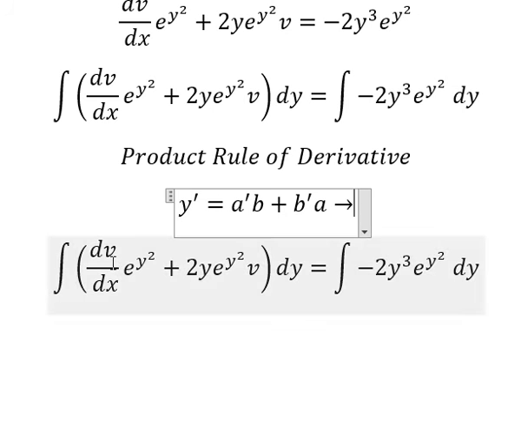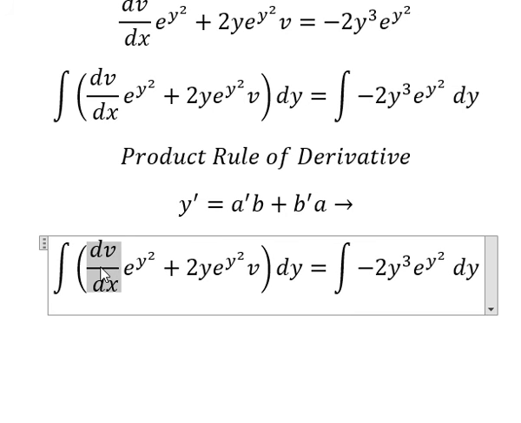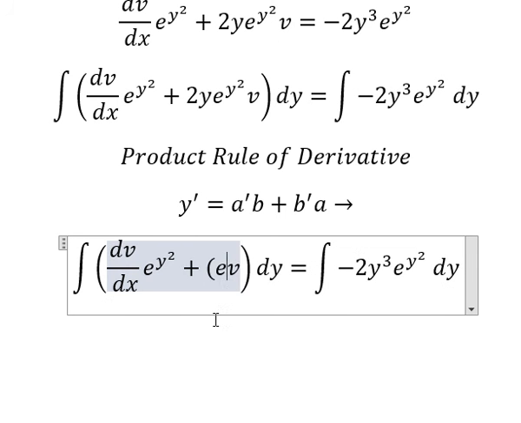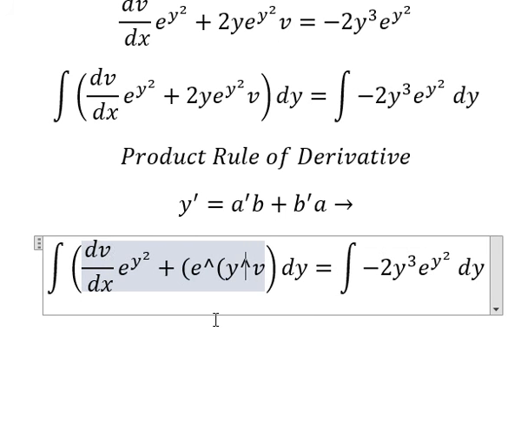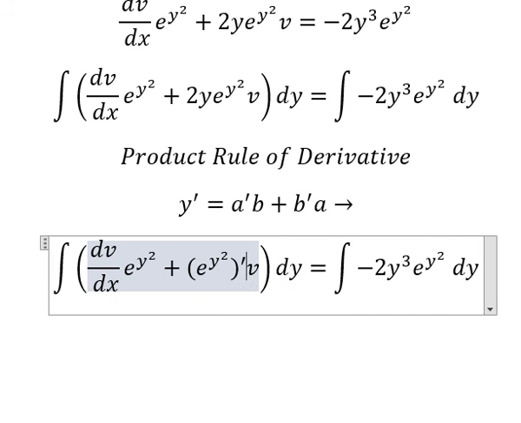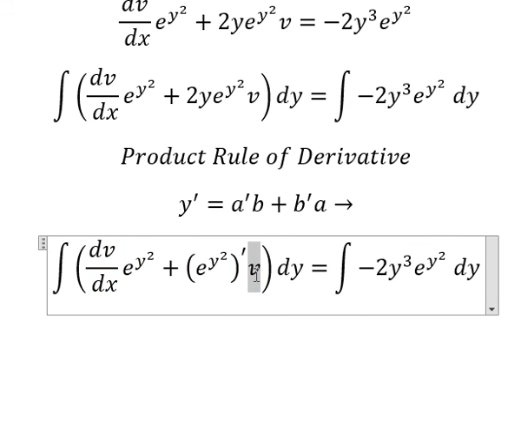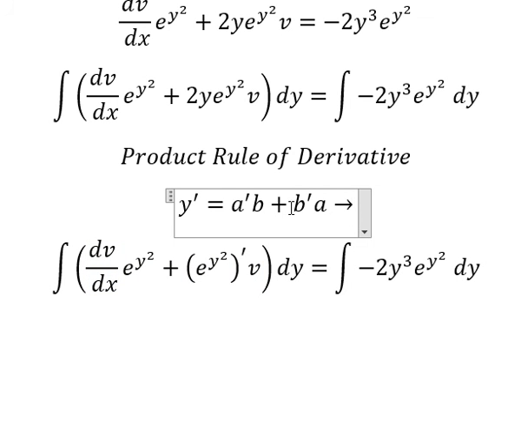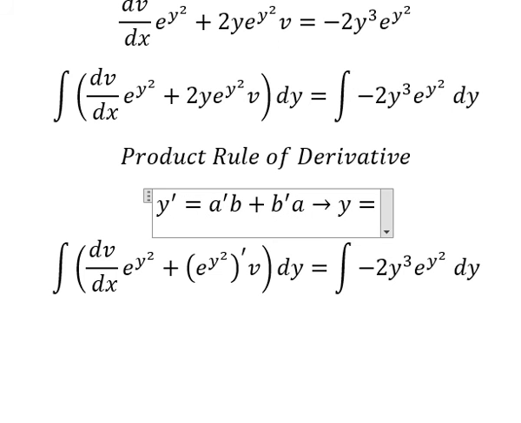So this is the first derivative of a multiplied by b. This one, that is the first derivative of b multiplied by a. So the integration of this one, we have y equals ab.